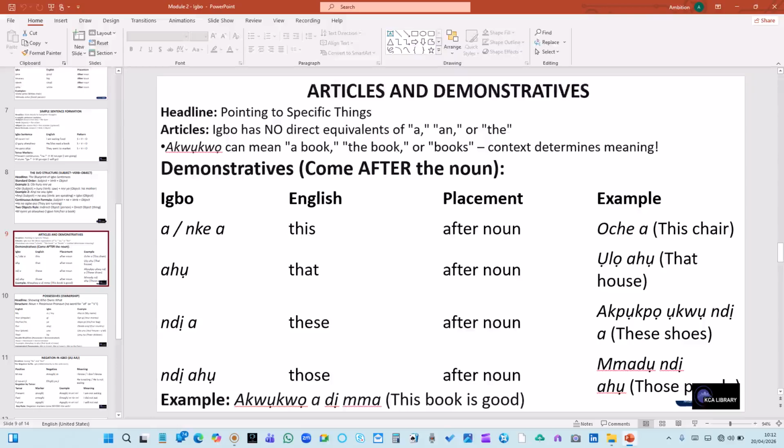Ụlọ ahụ means that house. Then ndị a, which is these, after the noun: akpụkpọ ụkwụ ndị a, these shoes. Then ndị ahụ, those. It comes after the noun, like mmadụ ndị ahụ, those people. Example: akwụkwọ a dị mma, which means this book is good.